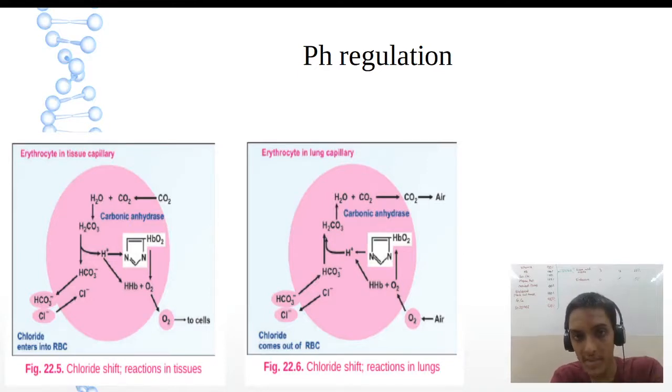H plus forms HbH, whereas bicarb ion comes out to allow the chloride inside. This is the chloride shift. This is what is happening in the tissues. Exactly reverse in the lungs. We are breathing in oxygen and releasing the carbon dioxide, the reverse of what I said in the tissues.